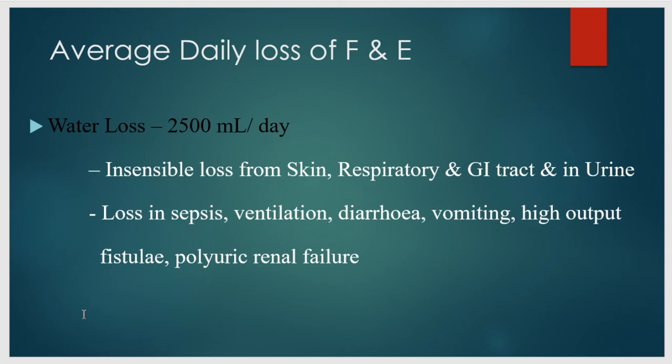Or not only mechanical ventilation, even normal ventilation also. And vomiting, high output fistula, and polyuric renal failure. So in these cases, water loss is supposed to occur around 2.5 liters. Just remember this one, 2.5 liter average per day.